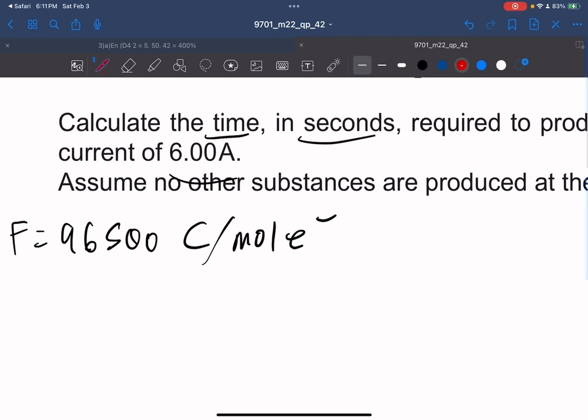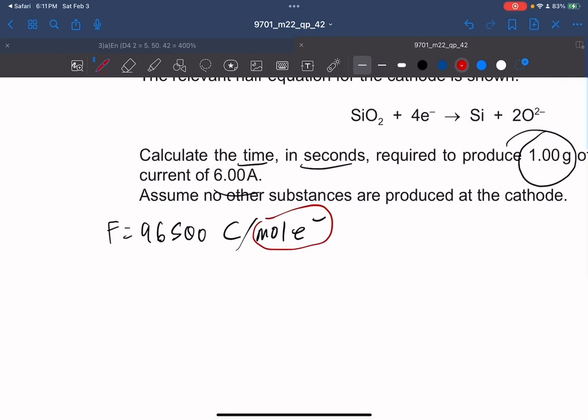And note, when the unit is charge over mole, it means mole of electrons. So if we have 4 electrons, then the charge that we need is going to be 96,500 times 4.